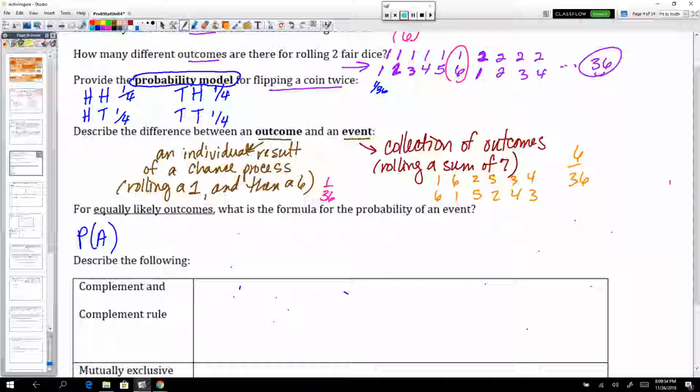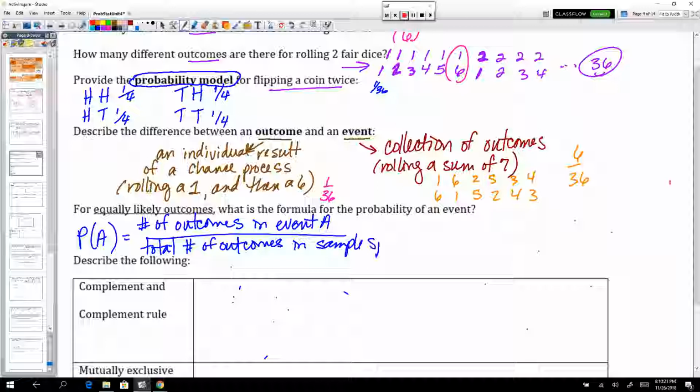The probability of A happening is calculated by finding the number of outcomes in event A and dividing it by the total number of outcomes in the sample space. And we literally just did this. You didn't even have to think very hard about it on the last example, right?